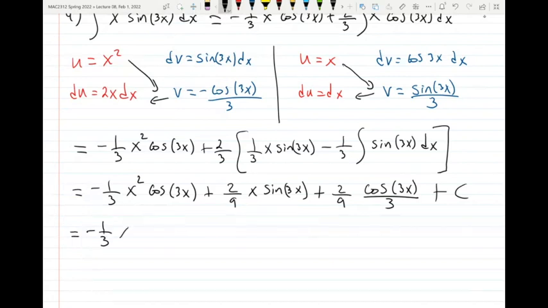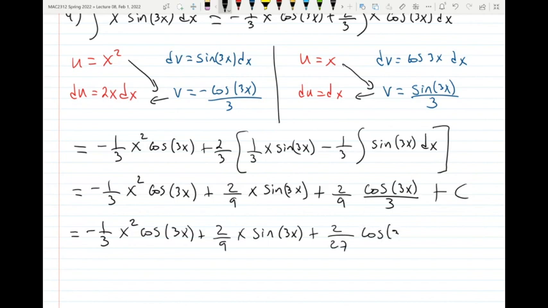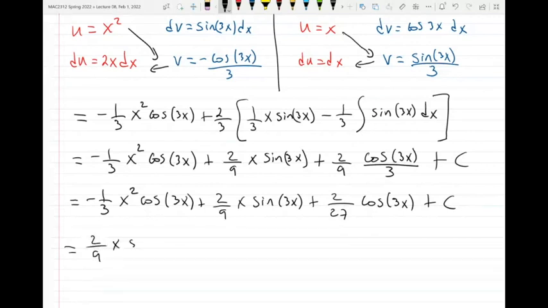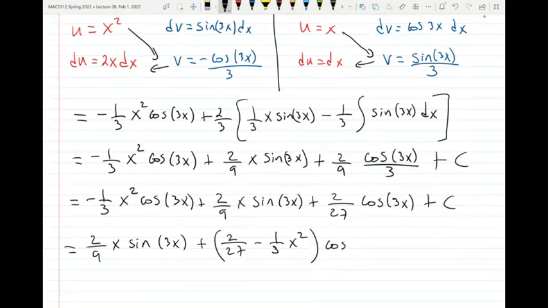So let's just clean this up. Negative 1 over 3 x squared cosine of 3x plus 2 over 9x sine of 3x plus 2 over 27 cosine of 3x plus C. And if you want, we can factor out. So this will be 2 over 9x sine of 3x plus, 2 over 27 minus 1 over 3 x squared, times cosine of 3x.